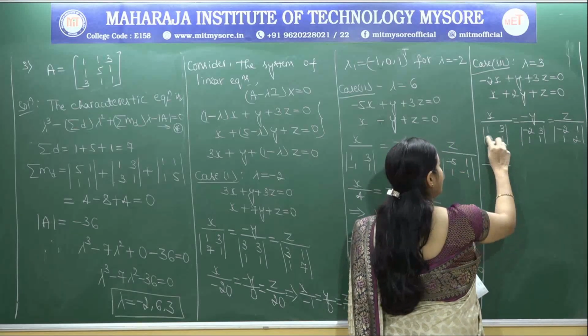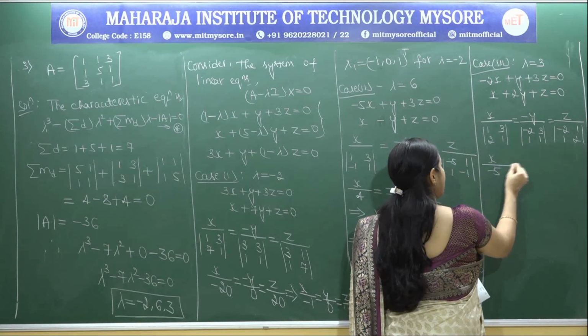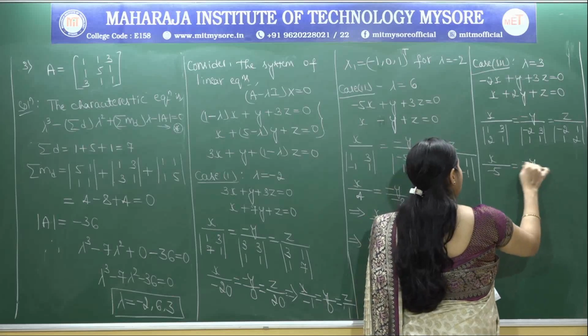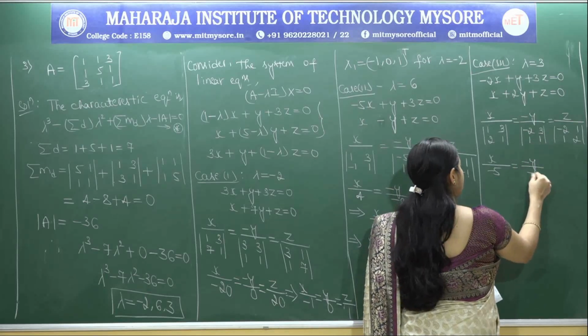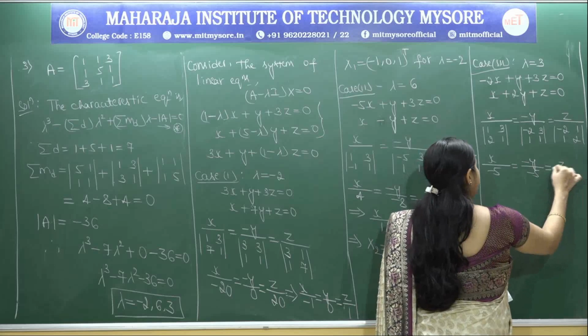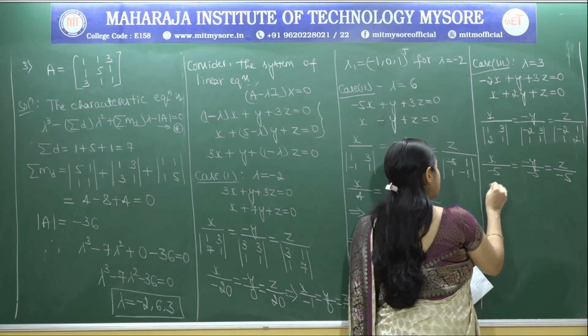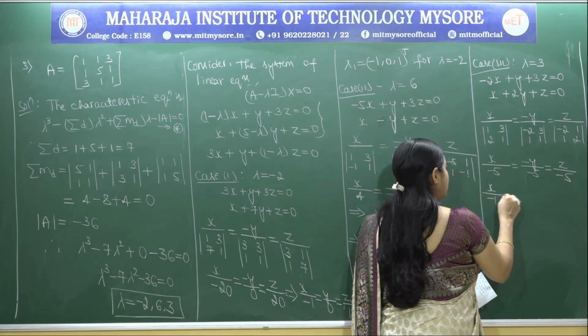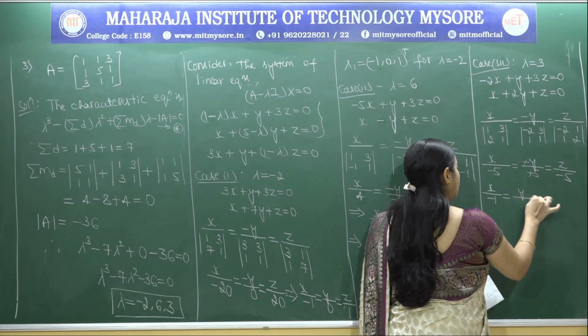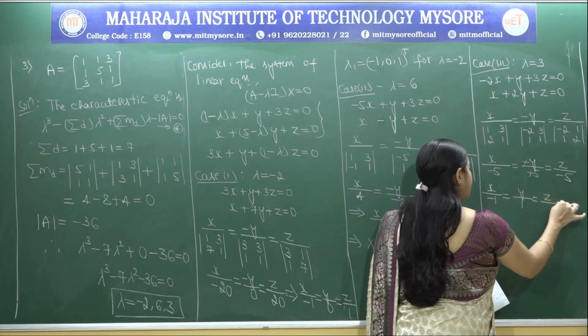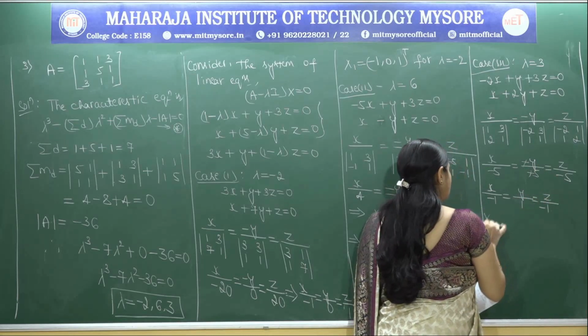So on solving, 1 minus 6, we will get minus 5. Second one, minus 2 and minus 3, we will get minus 5. Z divided by minus 4 and minus 1, we will get minus 5. So on reducing this, we will get x divided by minus 1, y divided by 1 and z divided by minus 1.